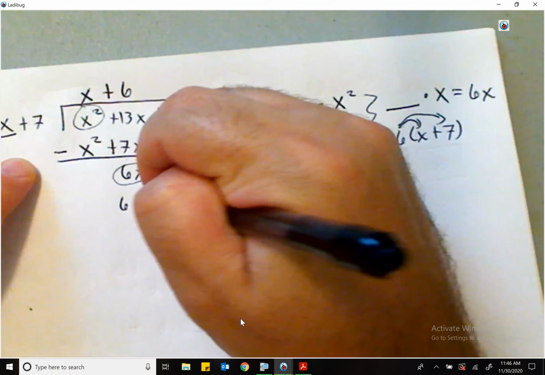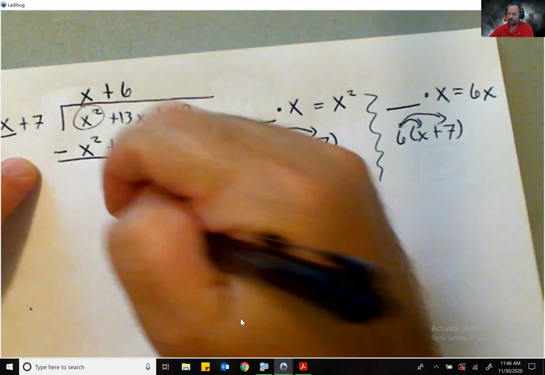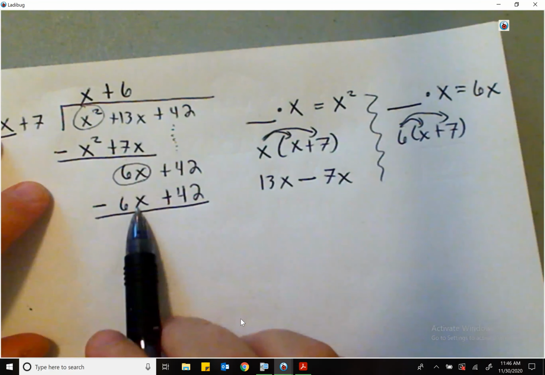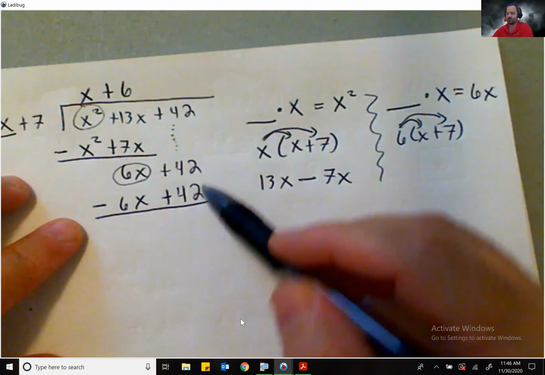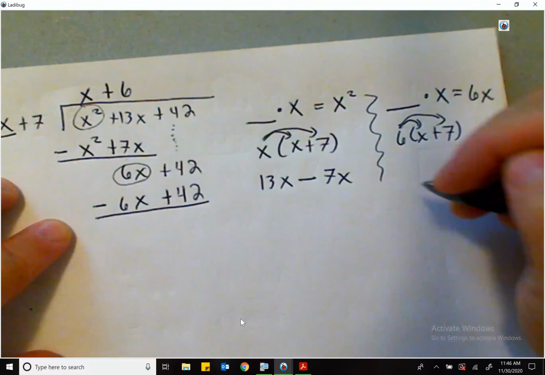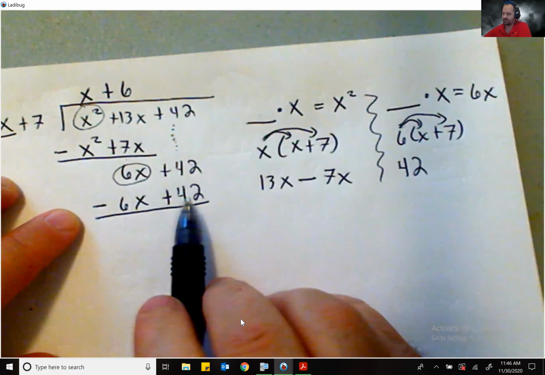No surprise there. And then all we're going to do is subtract down. So what's going to happen to these 6x's? Cancel. Just like what we knew was going to happen. And what's going to happen to the 42s? Also cancel, because it's 42, a positive, minus a positive 42.